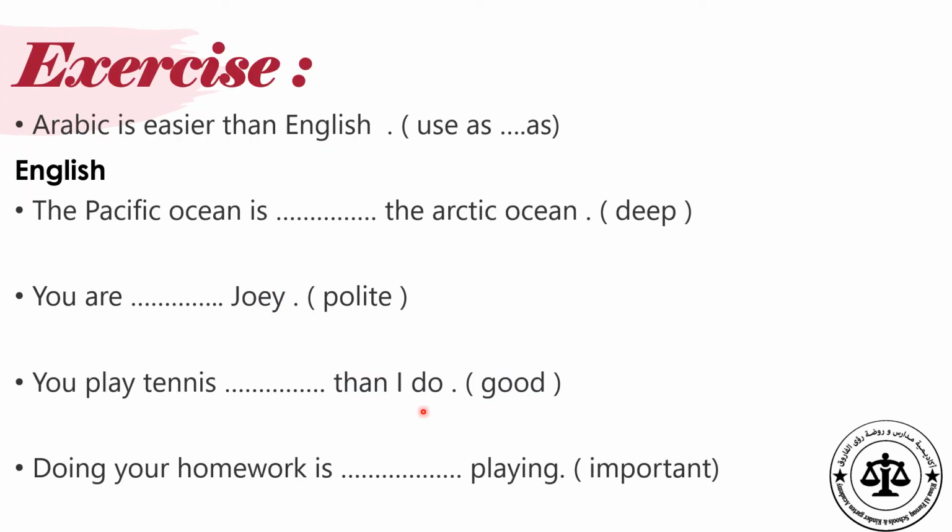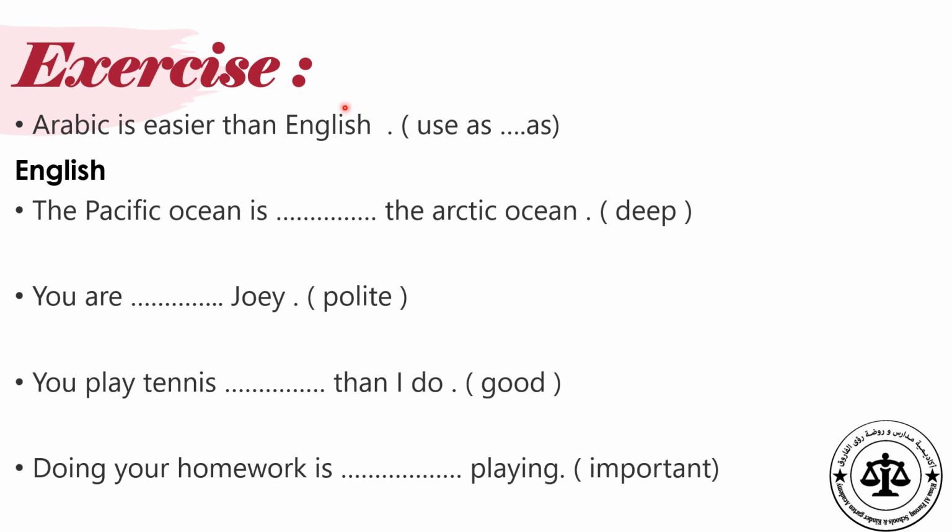Now let's do this exercise. The first one, we want to rewrite this sentence by using as. Arabic is easier than English. We want to write this sentence with as, and this sentence starts with English.